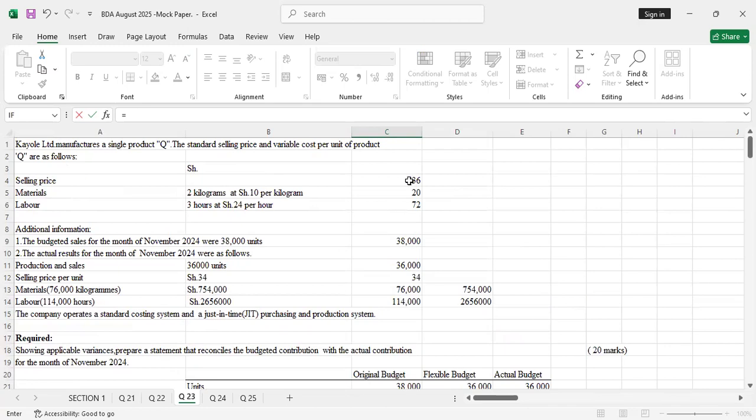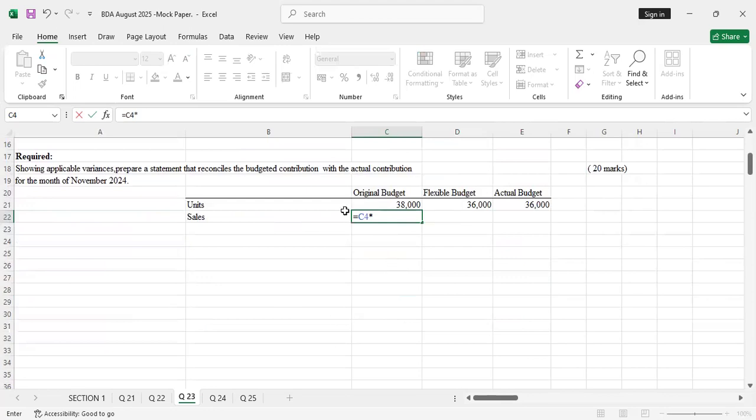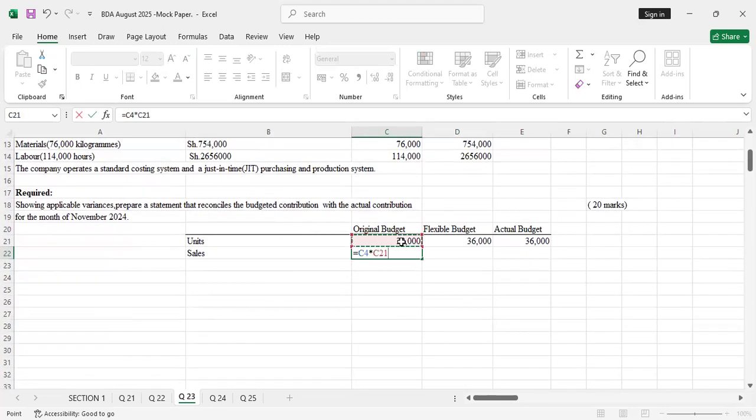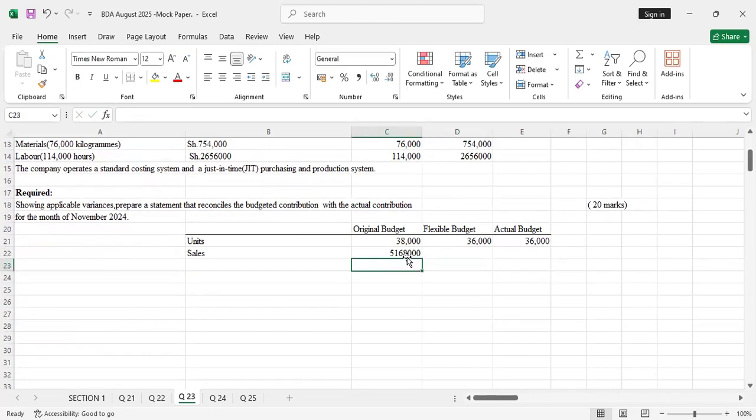Selling price was 136. So you take that 136, multiply by the number of units produced and sold under the original budget, and it will give us that value there. Then the same we'll do to flexible. But you see, for flexible, we don't have a selling price.